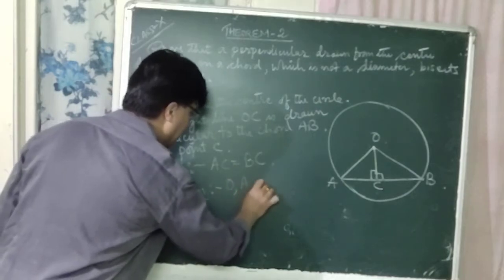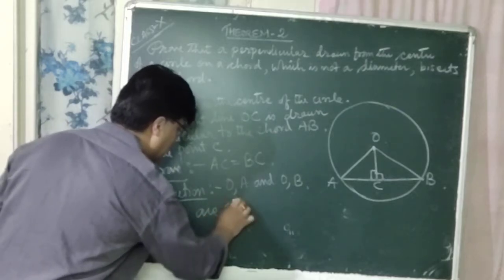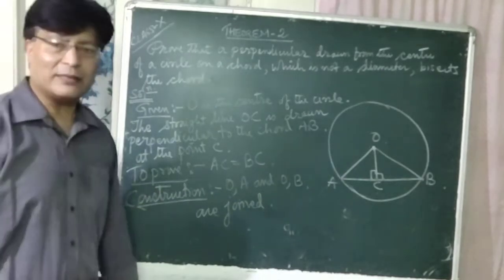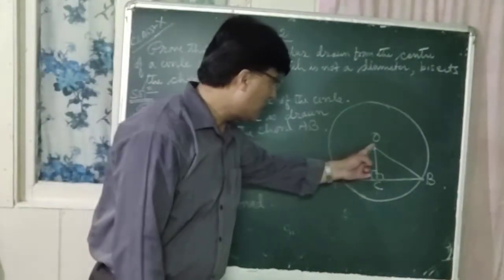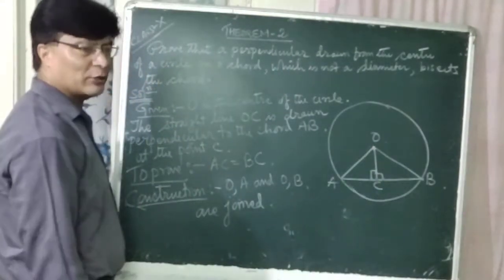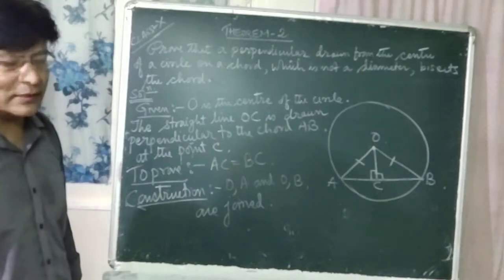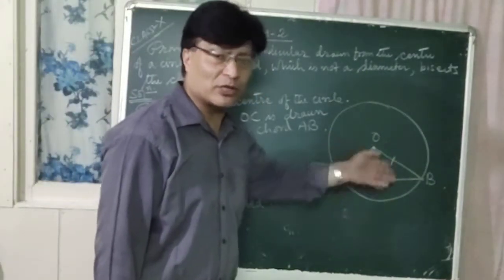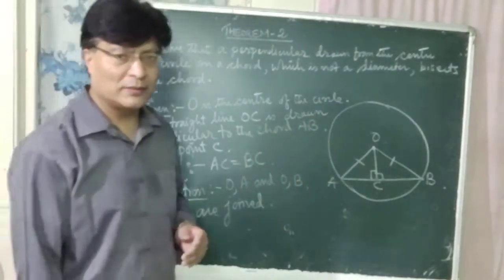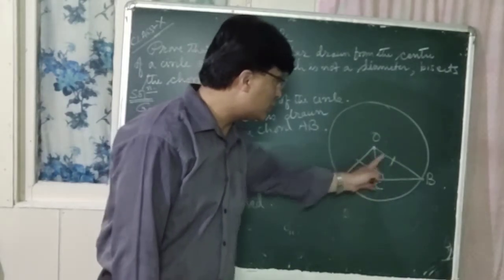We joined O and A, and then O and B also. But here what did we see? OA is equal to OB, because these are the two radii of the same circle and you know that two radii of the same circle are always equal. Understood? Since these are two radii of the same circle, what must the length of these two be?